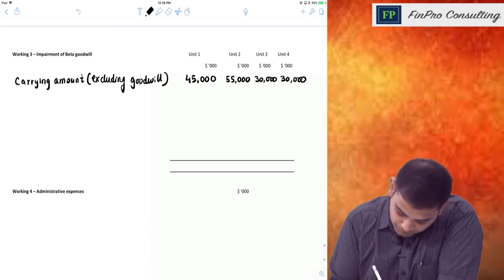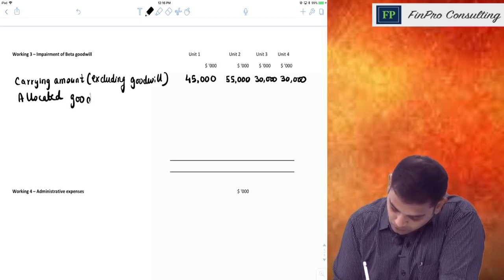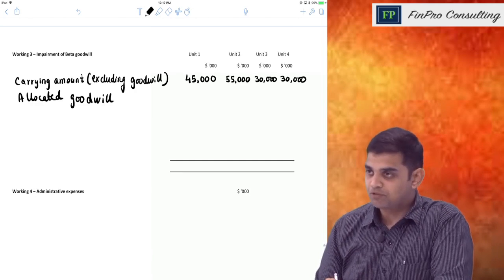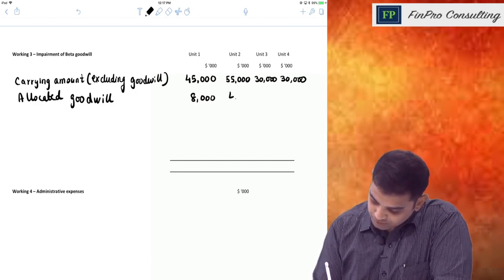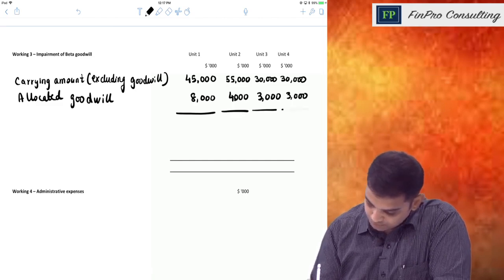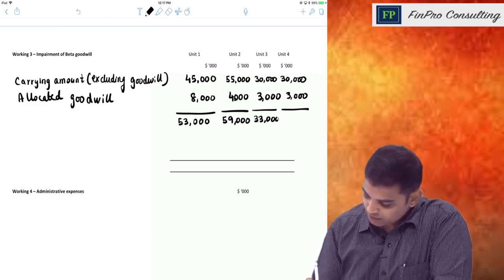Then allocated goodwill, given in the problem again between 4 units. What are the amounts? 8,000, 4,000, 3,000 and 3,000. Take a subtotal. So it will be 53,000, then 59,000, 33,000 and 33,000.